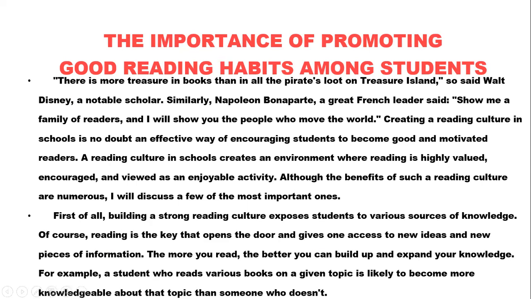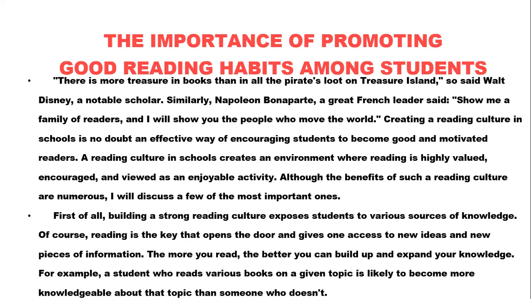We have picked the first point in our outline, and that is the fact that promoting good reading habits exposes students to various sources of knowledge. So we begin with the topic sentence, and then we use other sentences to confirm the idea that we have already presented.